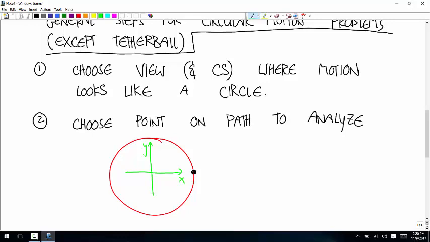By far, it's going to be easier to do the calculations if you choose these 4 points that are straight in the positive or negative x from the center, or straight in the positive or negative y from the center. If you choose a point like this, for example, you're going to have to use tons of sines and cosines. You might as well just stay at one of these 4 points.